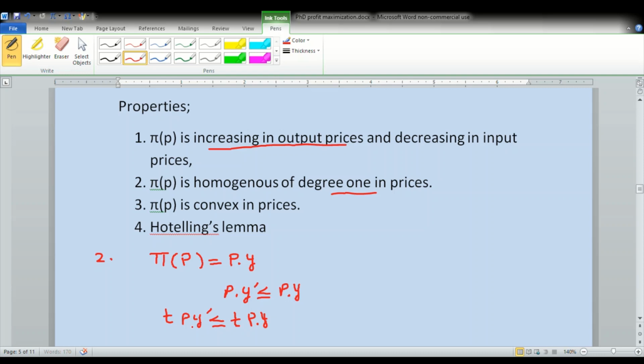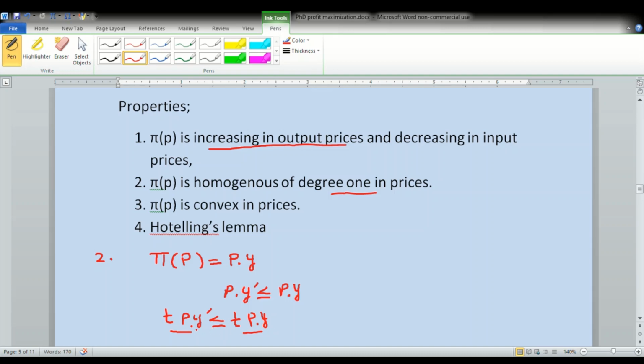So this is like saying that if y is the profit maximizing net put vector at P, it must also be the profit maximizing net put vector at t times P, because the right hand side turns out to be greater than the left hand side.